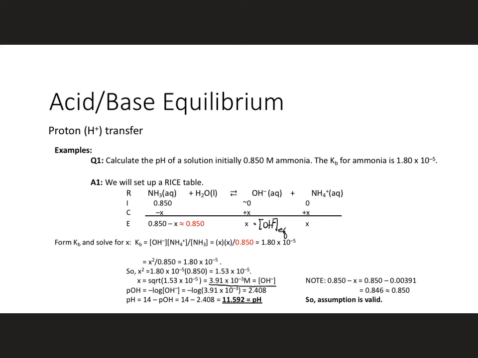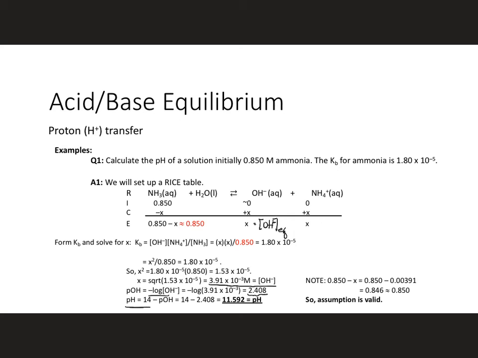Notice we don't have hydronium this time, we have hydroxide because we're in the base domain. So rather than going directly to pH, we're going to have to go through pOH. pOH, again recall, is defined as the negative logarithm of the hydroxide concentration. We plug that value in from x, and we get pOH is 2.408.